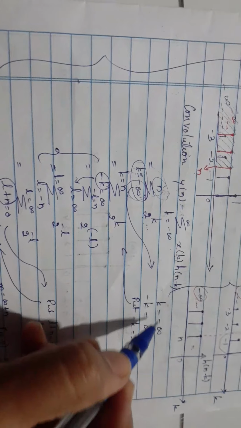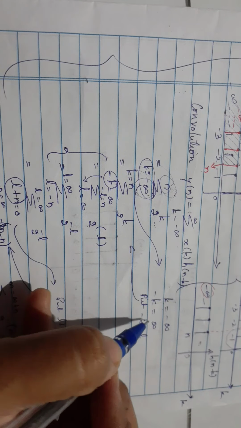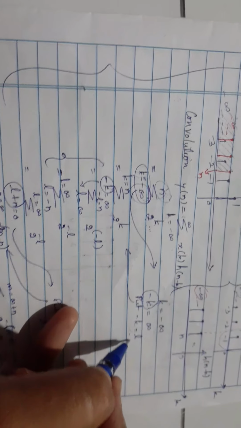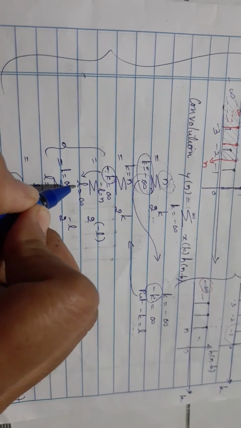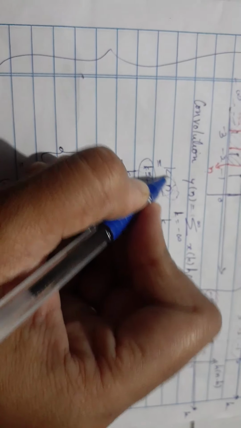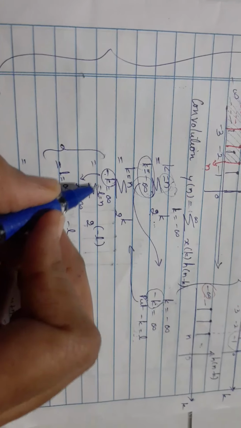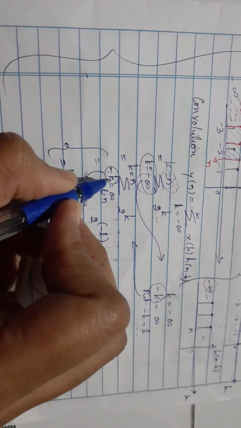You can see k is equal to minus infinity, or minus k is equal to infinity, and let us put this minus k as some variable L. If you do that, L is equal to infinity up to, this is actually k. So what is k? K will be minus L. So minus L is equal to n. So these are the limits when you substitute minus k is equal to L.